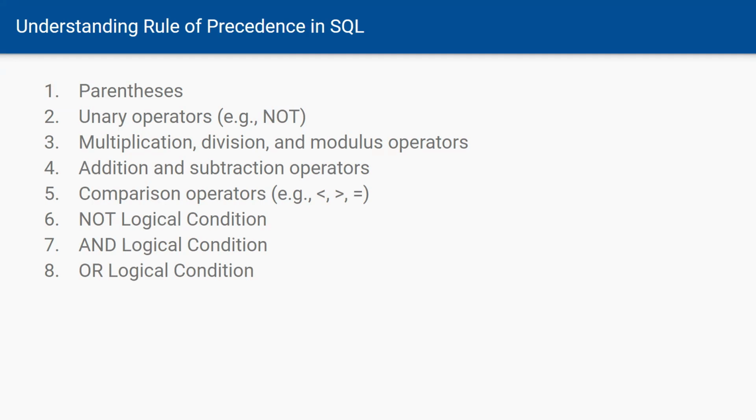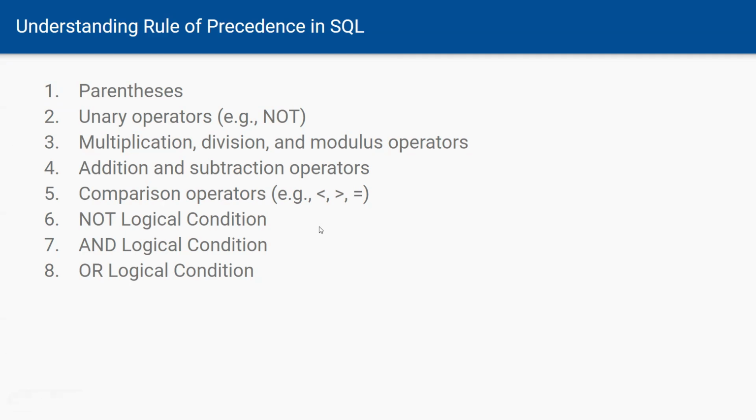And then we have the NOT operator. Then the next one is multiplication, division, and modulus, all these mathematical operations, just like BODMAS, then addition and subtraction, and then we have the comparison.